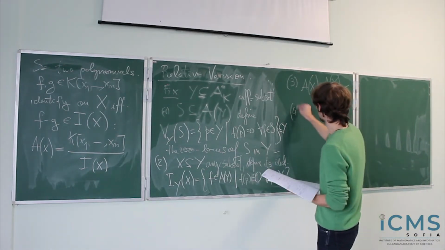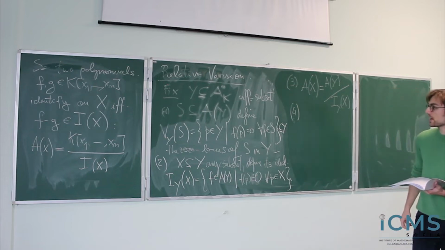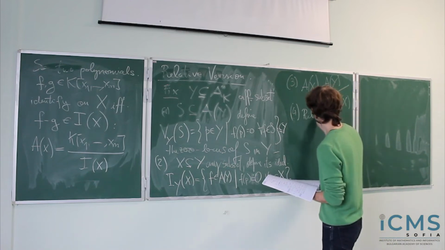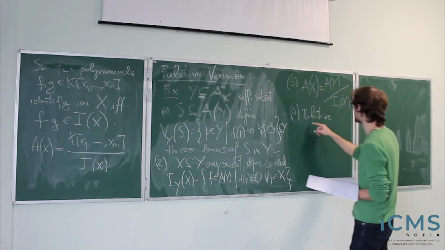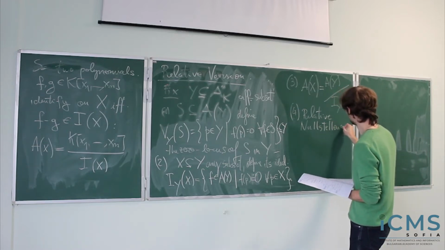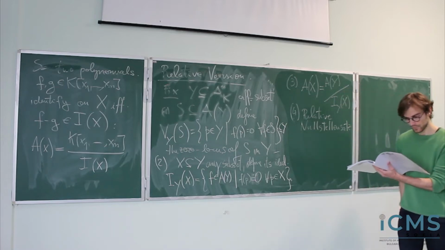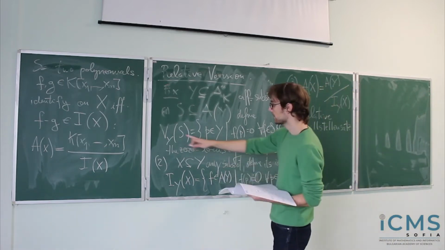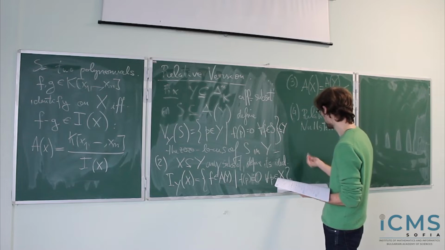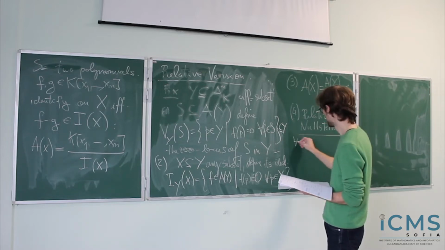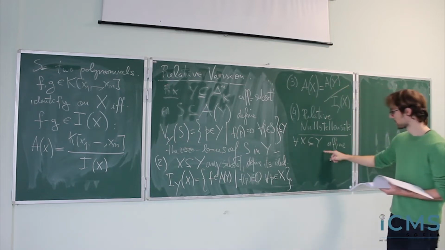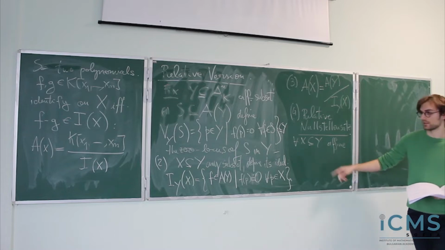Now we also have a relative Nullstellensatz for this. This is just a big word for something relatively simple. If I take V_Y or I_Y of some arbitrary affine subset, here I consider that it is affine, not just any.